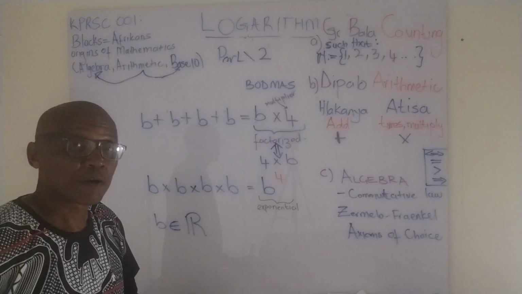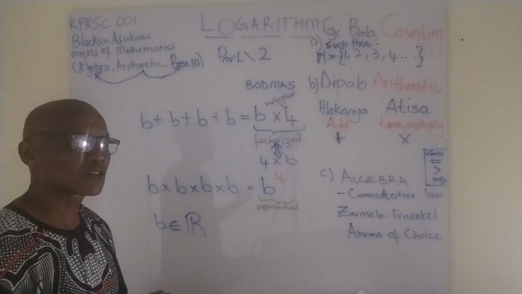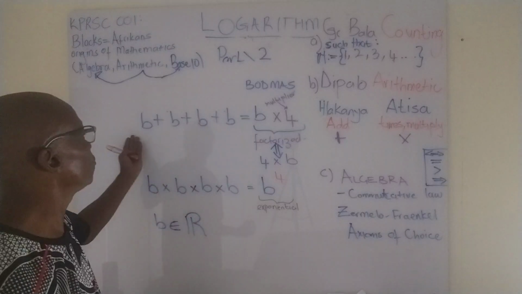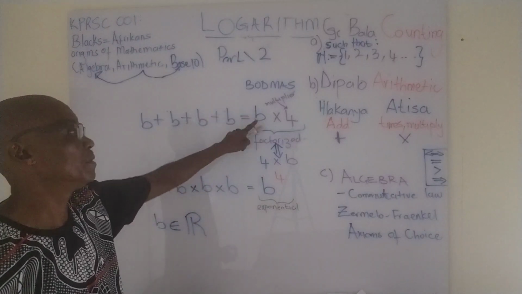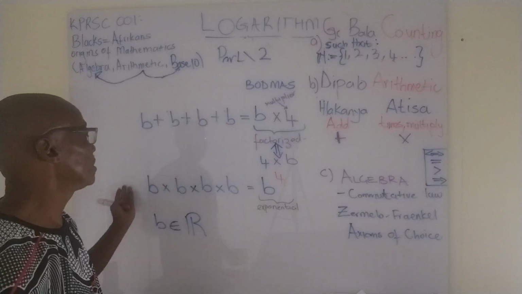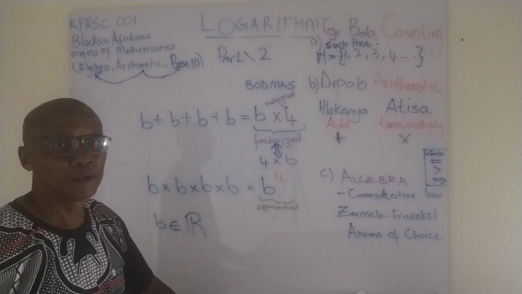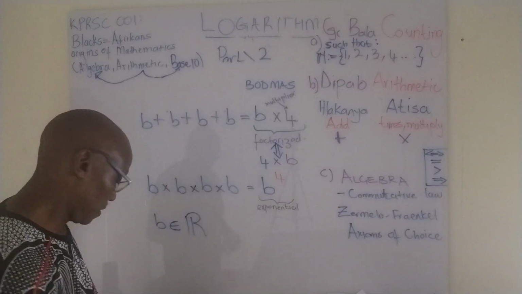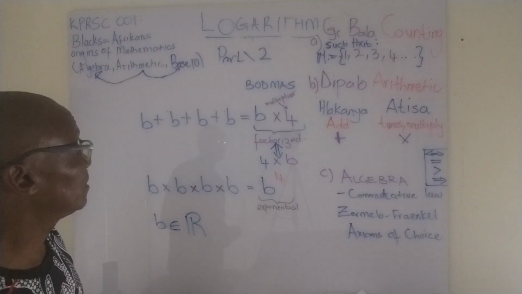But now we need one more thing that should give us control on how many times we want to add the B and how many times we want to multiply the B. We don't have that yet. So it's going to come in red.